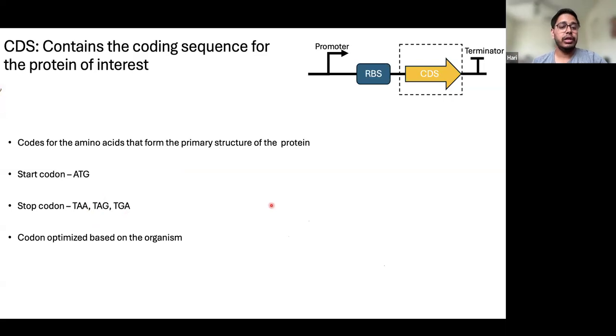And usually CDSs are optimized in such a way that the codons present in the CDS are the ones that are abundant in the particular organism we are interested in. That's why when we deal with CDSs in different organisms, we also need to optimize the codons for that particular organism.